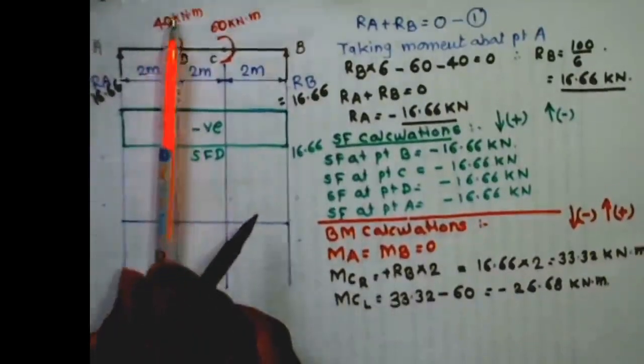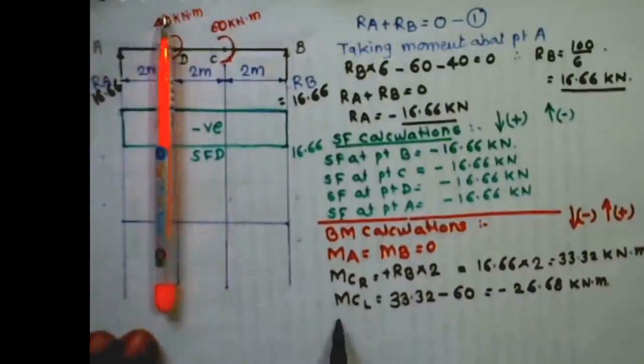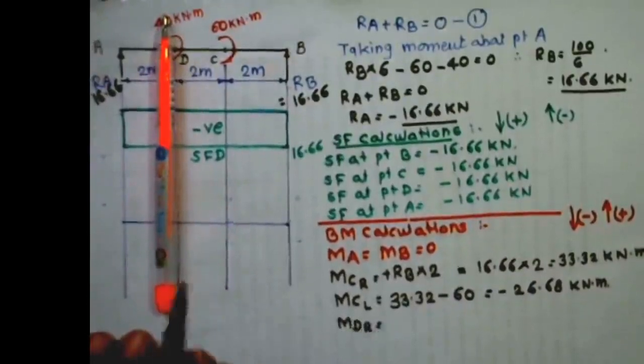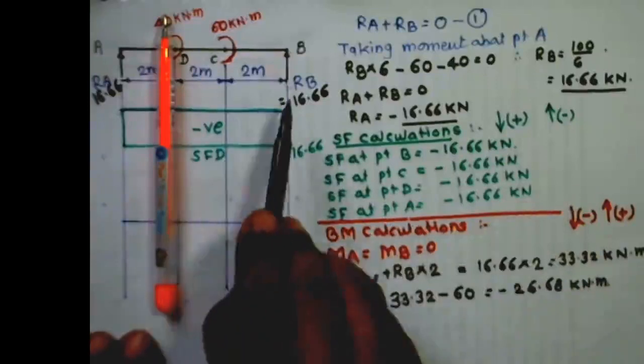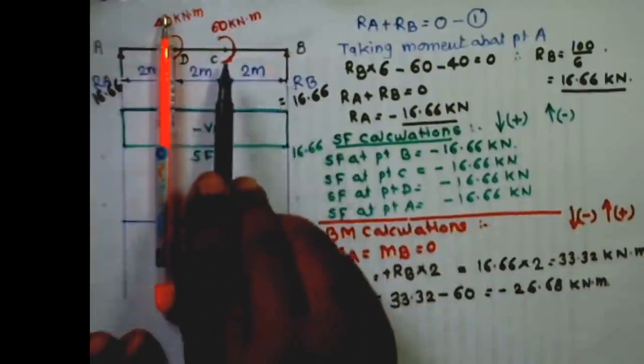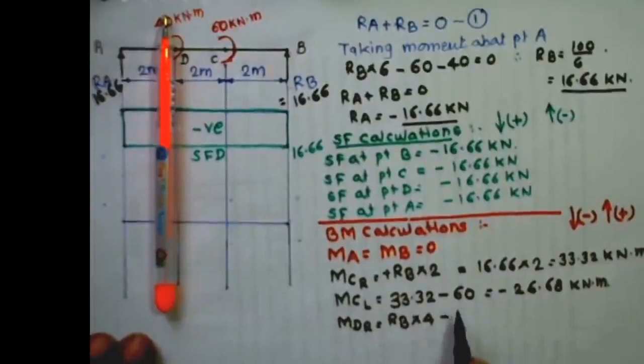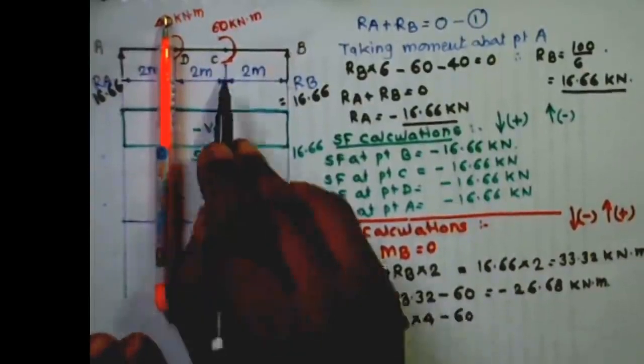In a similar way, we have to calculate the moment at point D. Now we will take the section at point D. Simply, the moment at point D at the right hand side, because I am considering the right hand side section, RB is acting as well as a moment is acting. So at point D, we may say RB into its distance up to point D, which is 4, minus 60, the moment acting.